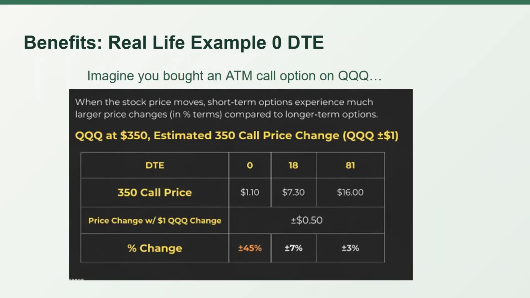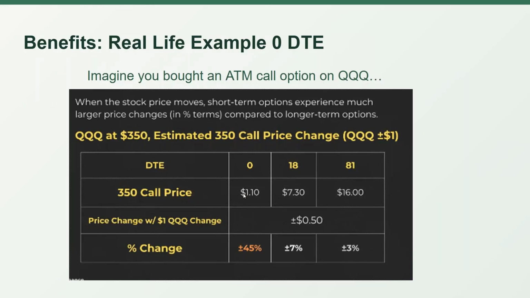Here's another example. Imagine you bought an ATM call option on the Qs. If the Qs are at 350 and they move up $1, then this is an example of how the percentage gains that you can get are much, much higher for zero DTE options. If you look at that first column with the zero, that's the zero DTE options column.